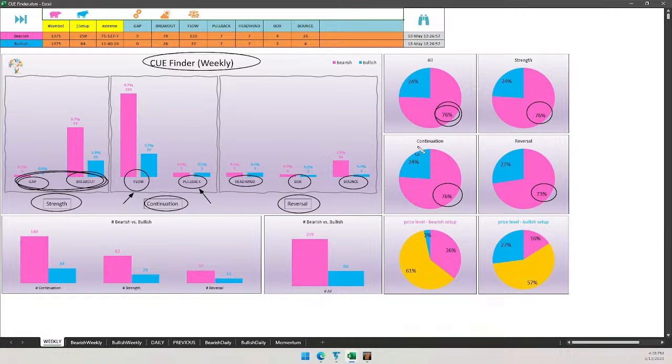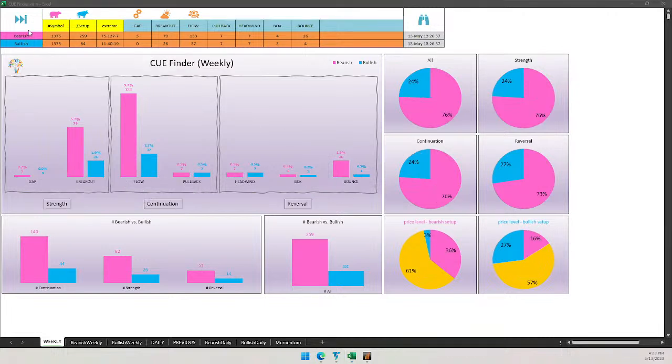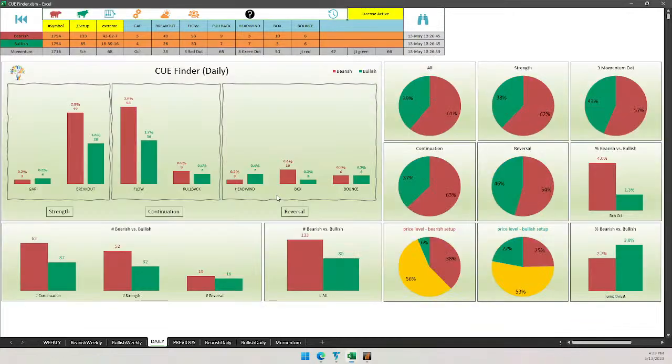So it is bearish for the week, as you would probably expect, because the sector, industry and stock breadth was also weak for the whole week. And in the daily interval, Friday's picture, all setups are still bearish: strength, trend continuation, even reversal, they are remaining bearish.